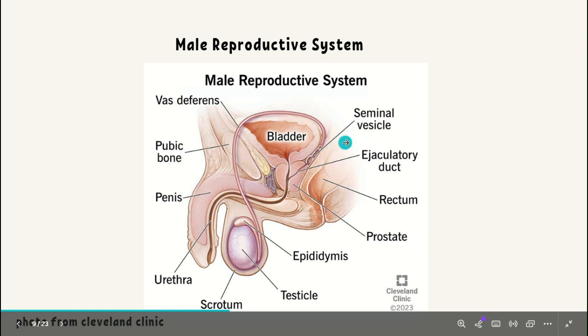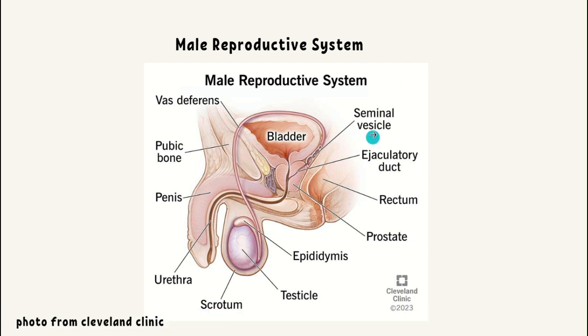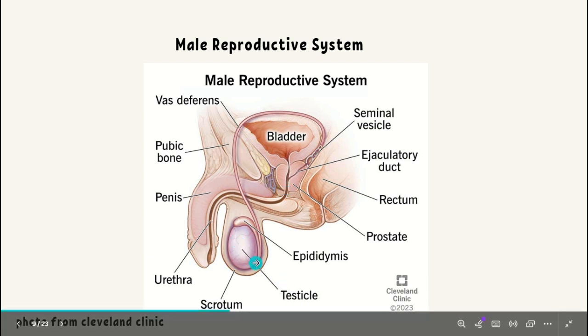So with the seminal vesicle, yeah, it makes up semen essentially, right? Then you have the testes. So basically, they are located within the scrotum, as we can all see right here. This is the scrotum, and the testes are responsible for producing sperm and the male hormone testosterone.